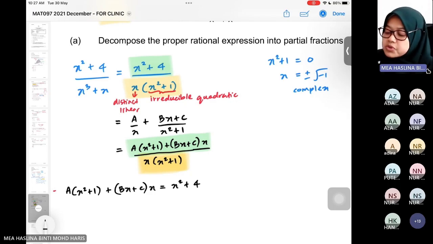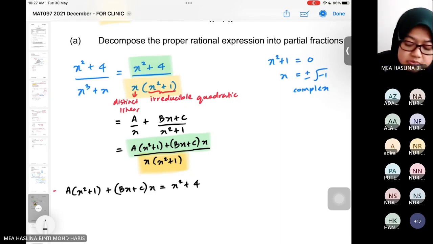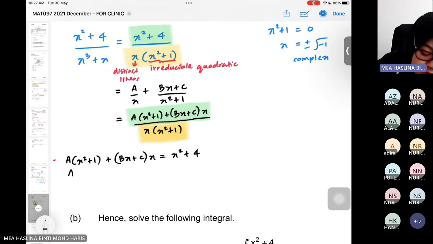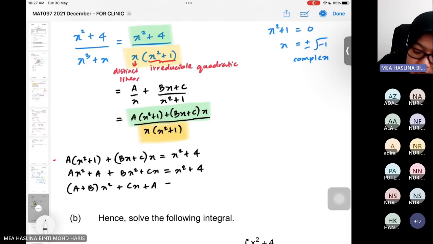So you can expand: Ax squared plus A plus Bx squared plus Cx equals x squared plus 4. Collect the terms for x squared: A plus B times x squared plus Cx plus A equals x squared plus 4. After that, you will need to compare coefficients.